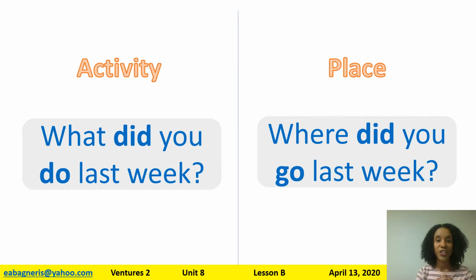So look at the question I have here in blue. What did you do last week? When I use that word do, I'm asking what activities, what things did you do last week? Okay, so you could give a lot of different answers.